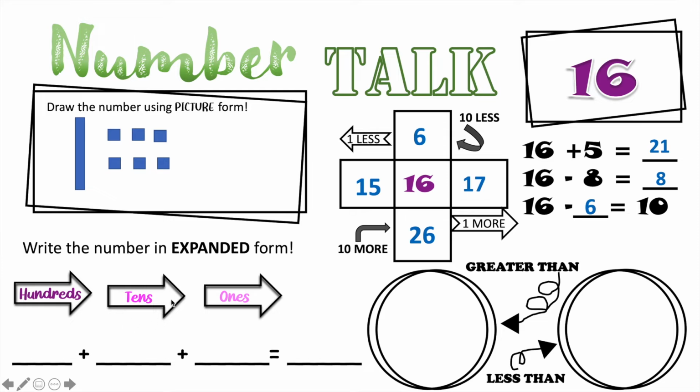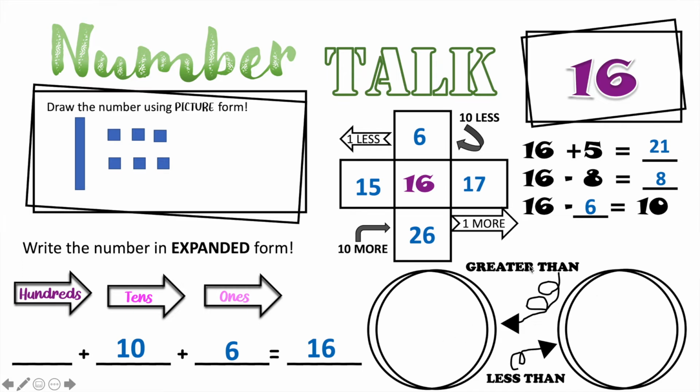Are there any tens? Yes, there is 1 ten, one group of 10, so we will write 10. How many ones? 6. Now, 10 and 6 equals 16. Excellent job.